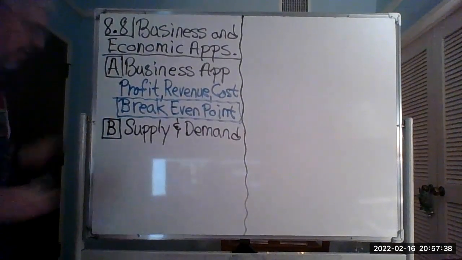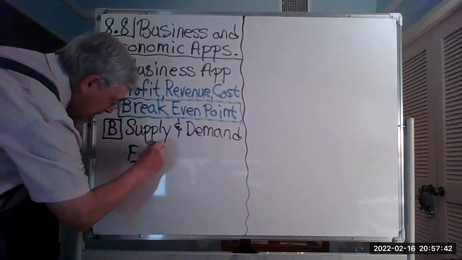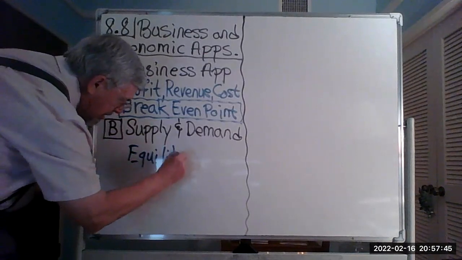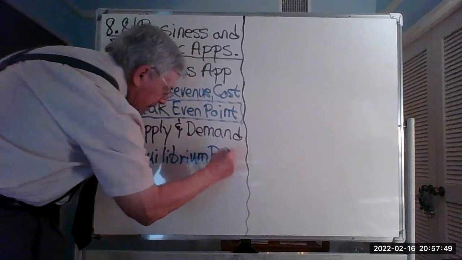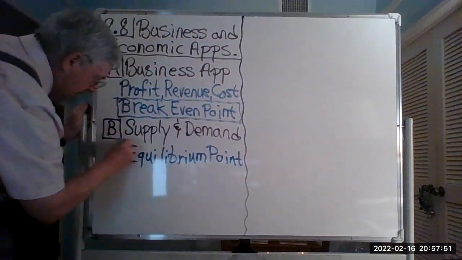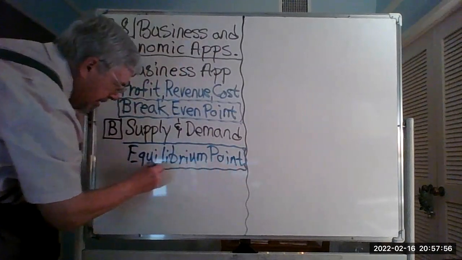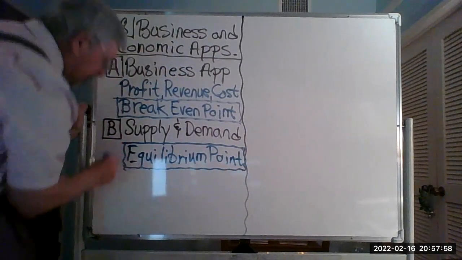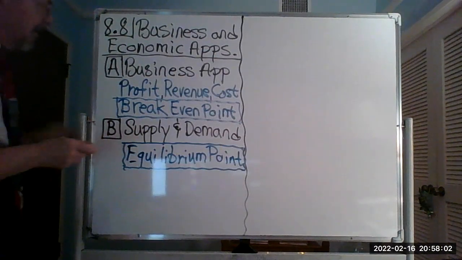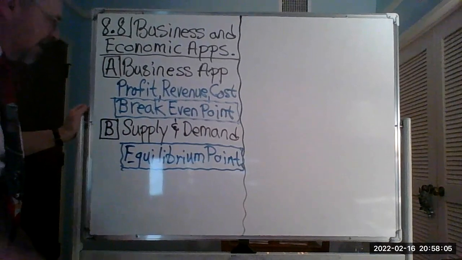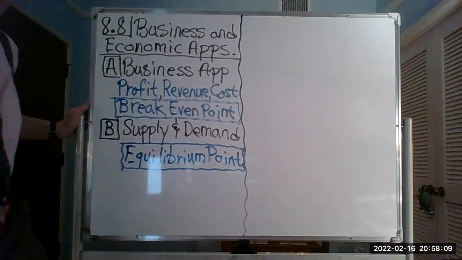Oh, the equilibrium point, my bad. Equilibrium point. So those are the two objectives out of these two sections, for business and economic applications: to determine what's called the break-even point, and then the second one is the equilibrium point.